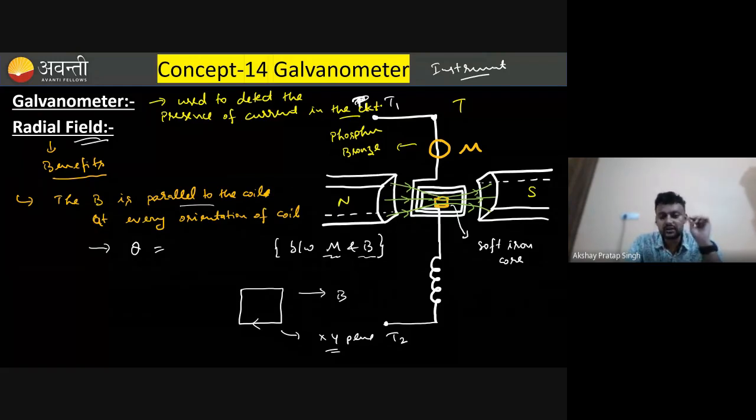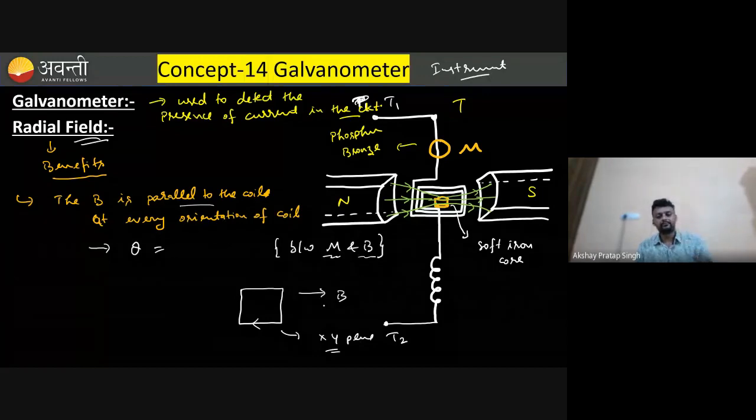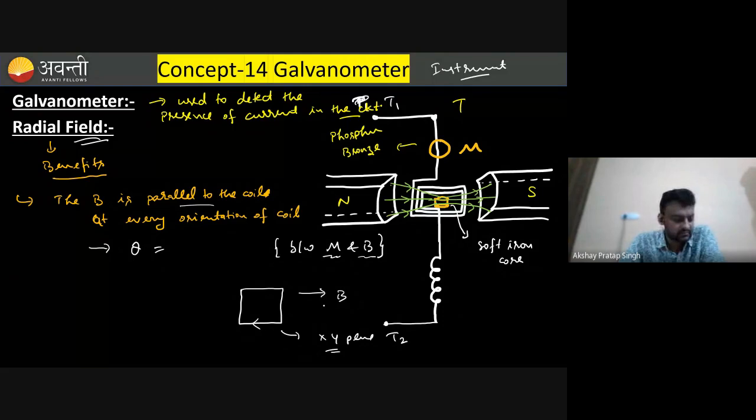I am repeating my question again. Coil is in the XY plane, and the punchline was magnetic moment is always perpendicular to the coil. Then tell me the direction of magnetic moment. In which axis the magnetic moment will be? If you can't answer this simple question, then leave the class. I don't need such guys in the class. Leave everyone.